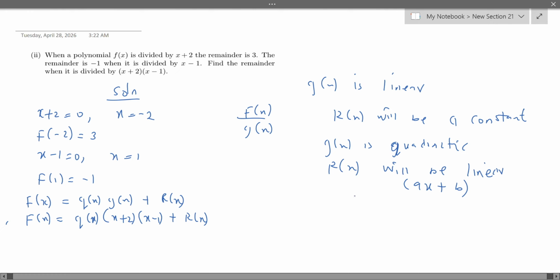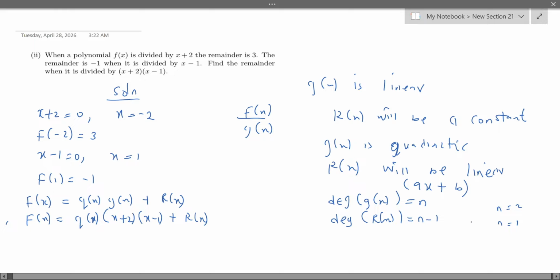So what can you observe? If the degree of g of x is n, the degree of the remainder will be n minus 1. If the divisor is quadratic, that is n is equal to 2, the remainder will have degree 1, because 2 minus 1 is 1, so it will be linear.